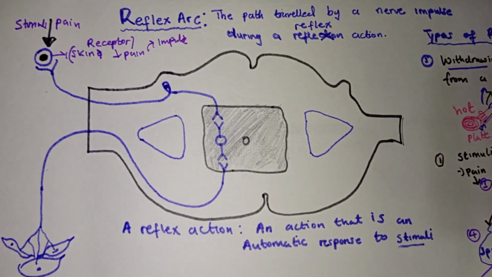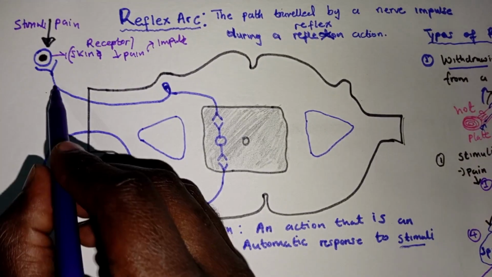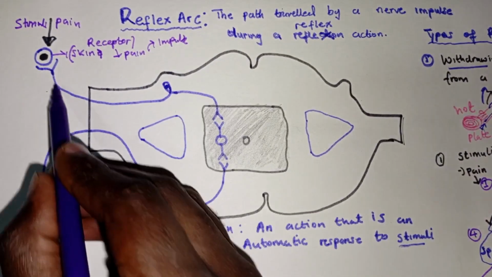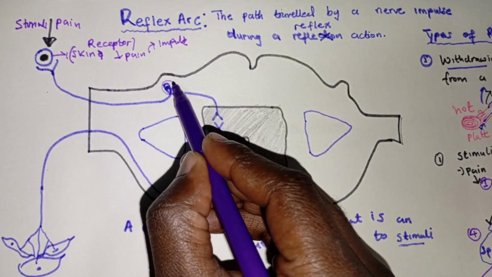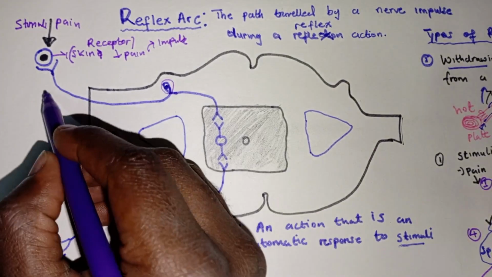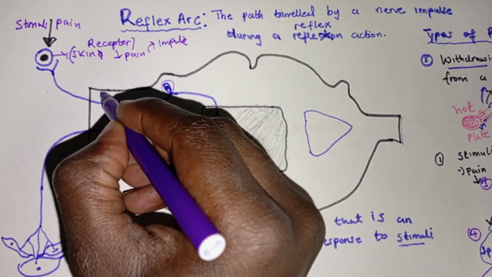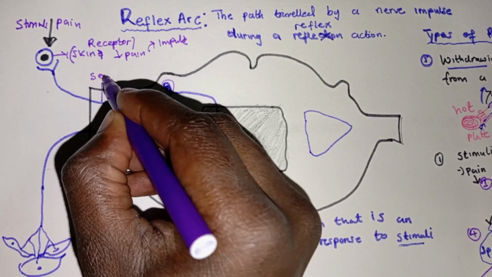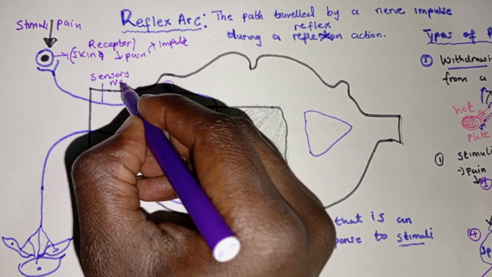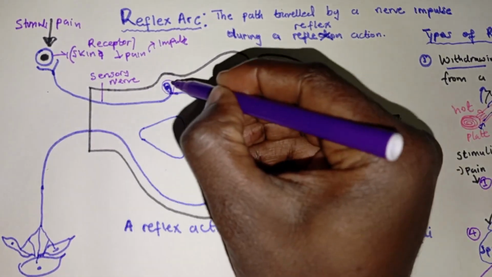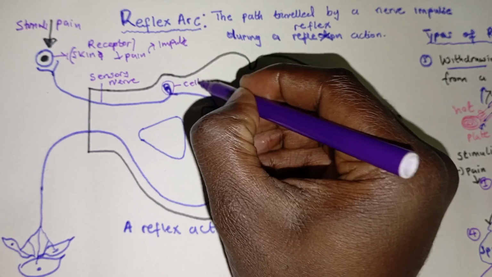Then what happens after this? You have this nerve that has a cell body here. This nerve is called the sensory nerve. We're just following the same path. Sensory nerve, and it has its cell body there.